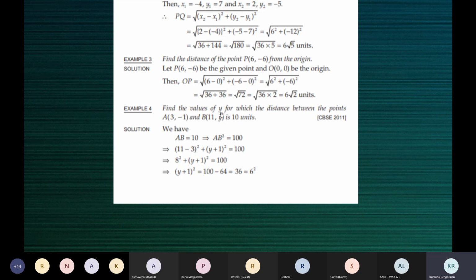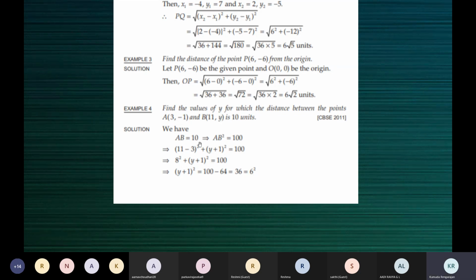You have to find y, which is the y coordinate or the ordinate of the point B. A is a point given by 3, minus 1. B is another point given by 11, y. You don't know the ordinate of B. You know that the distance AB is 10 units, so given AB is 10 units, you need to find y.